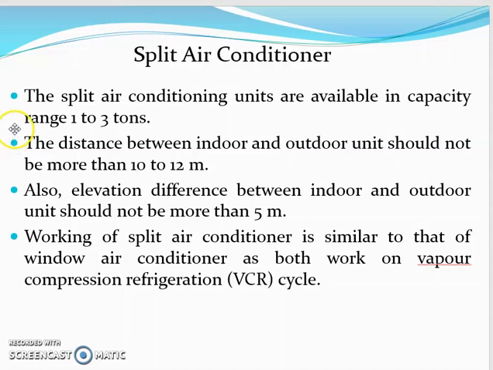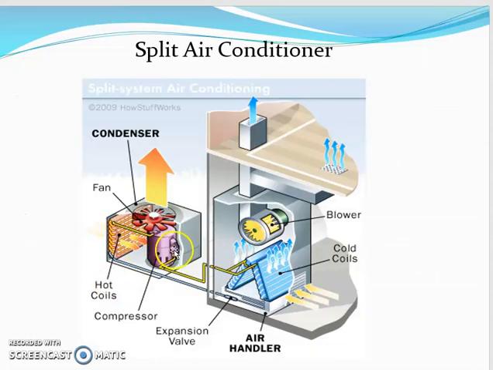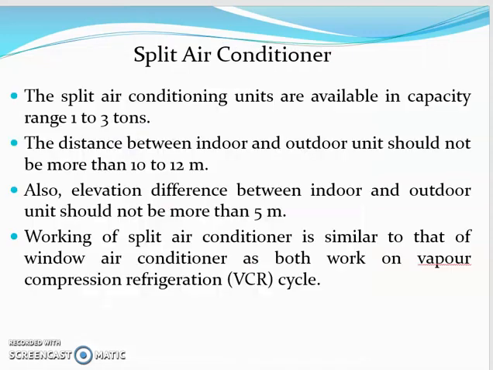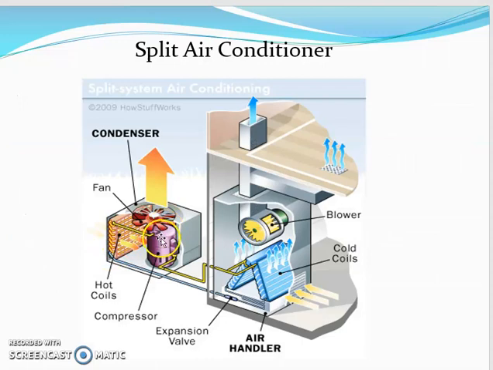These split air conditioner units are available in the capacity range of 1 to 3 tons. The next point is that the distance between the indoor and outdoor units should not be more than 10 to 12 meters. Similarly, the elevation difference between the indoor and outdoor units should not be more than 5 meters.